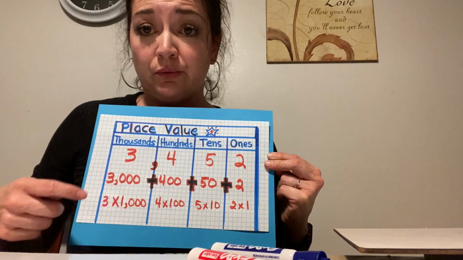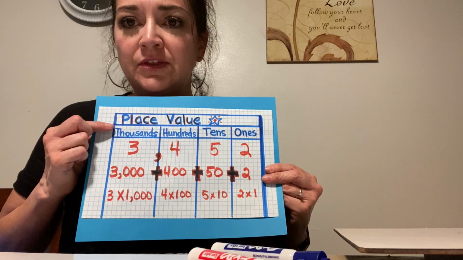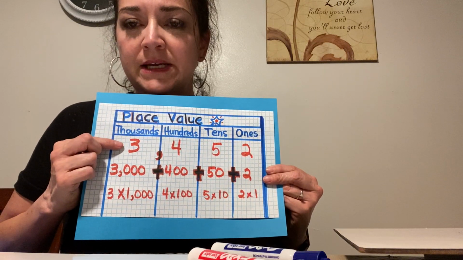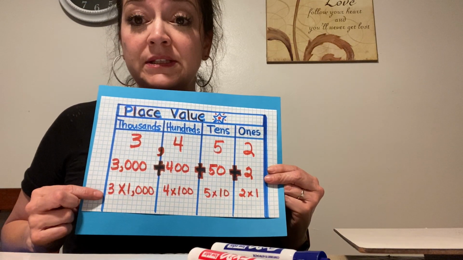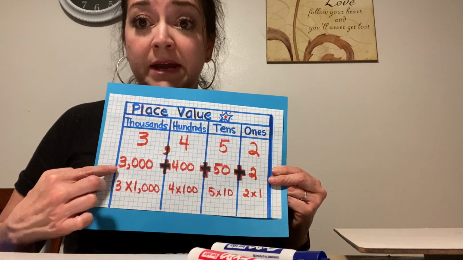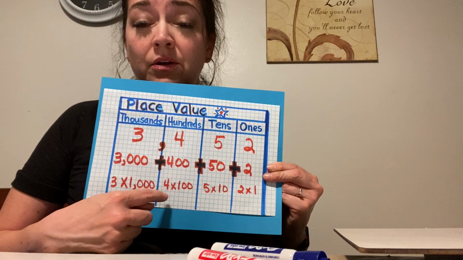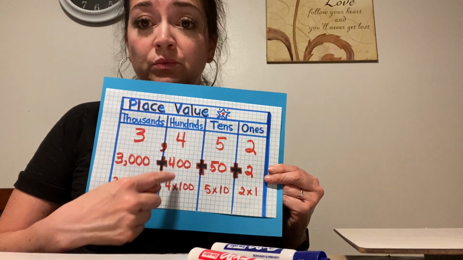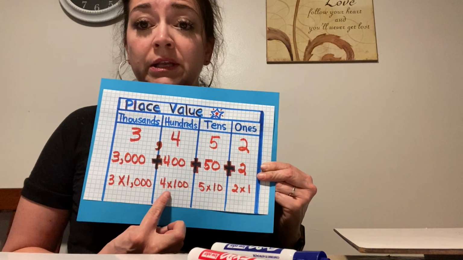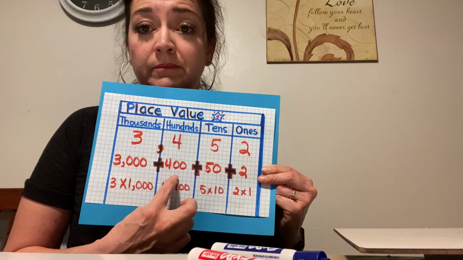So remember, with place value, if it's in the thousands place and it's a number 3, it's kind of like saying 3 sets of 1,000. So 3 times 1,000 is 3,000. And over here, the 4 in the hundreds place is really like saying 4 times 100. 4 sets of 100 is 400.